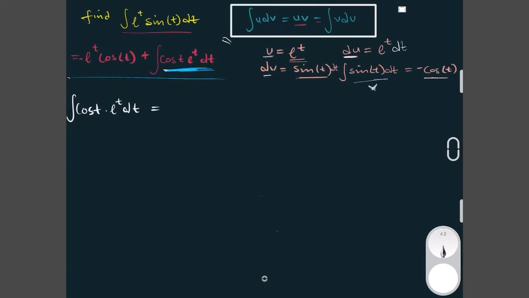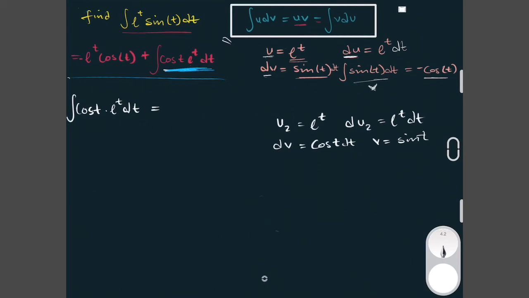So let's just go. So we have u2 equals e to the t, right? And then we have du2 equal to e to the t dt. And then we have dv is equal to cosine of t dt. And we have v equals the antiderivative of cosine of t, which is just sine of t.